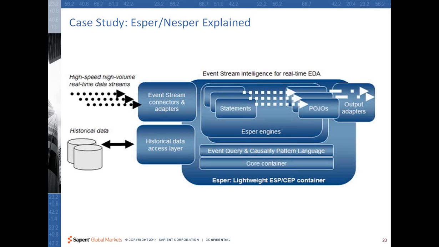Esper also comes with a tailored event processing language called EPL that allows expressing rich event conditions and correlation, possibly spanning time windows, thus minimizing the development effort required to set up a system that can react to complex situations.